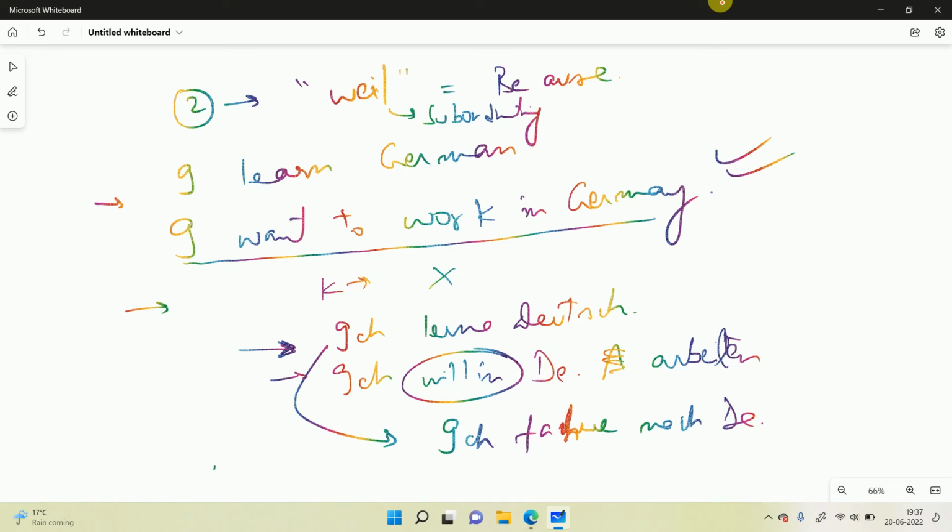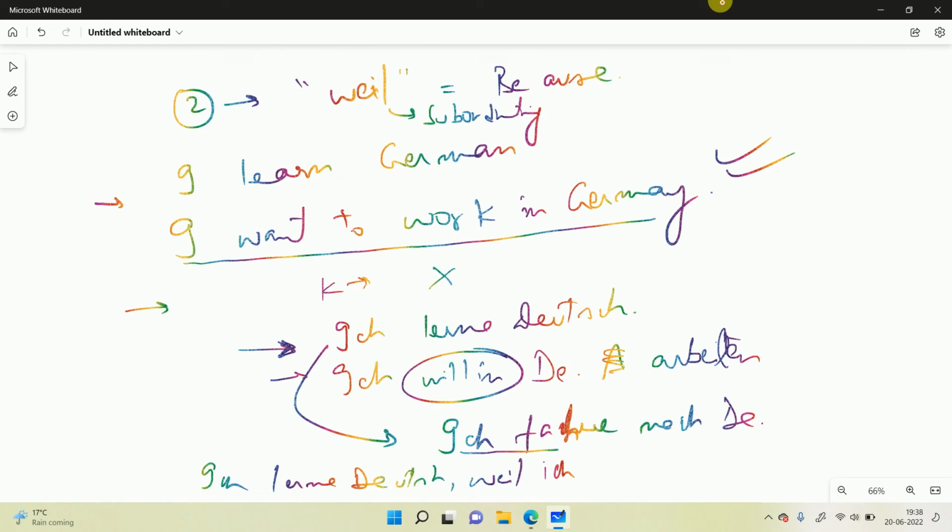Getting my point? Ich lerne Deutsch, weil... can somebody proceed with my sentence? Ich lerne Deutsch, weil... No, I'm not using any modal verb now.